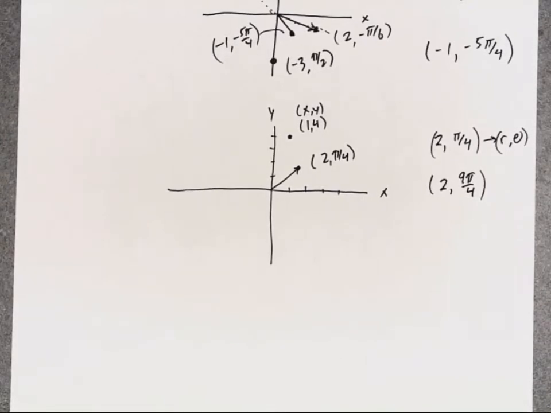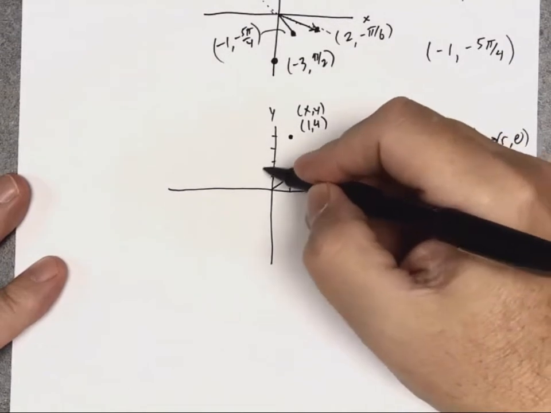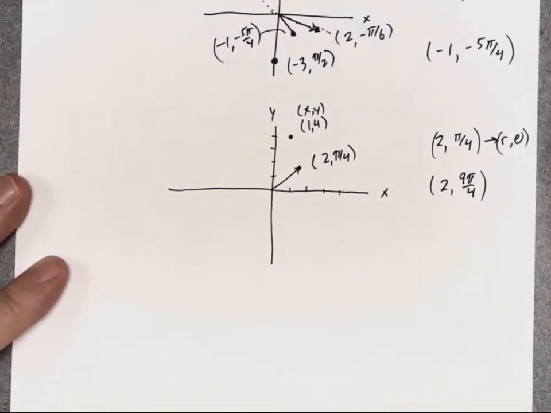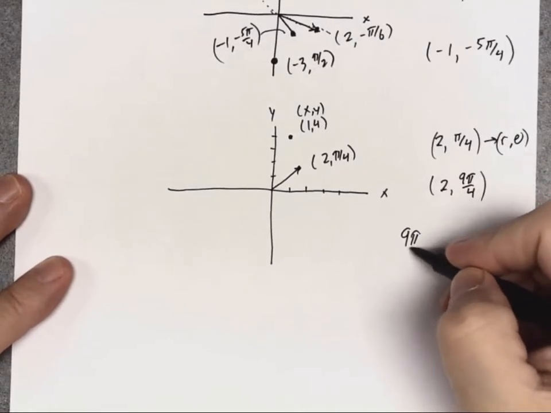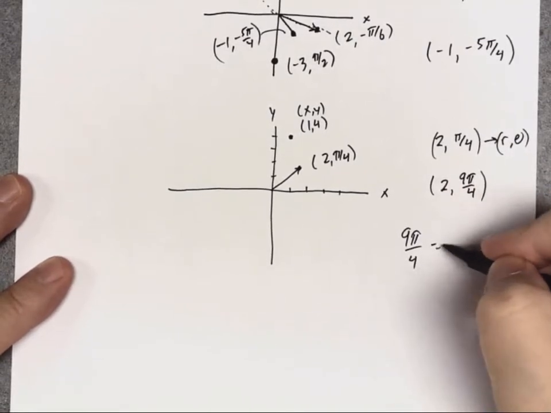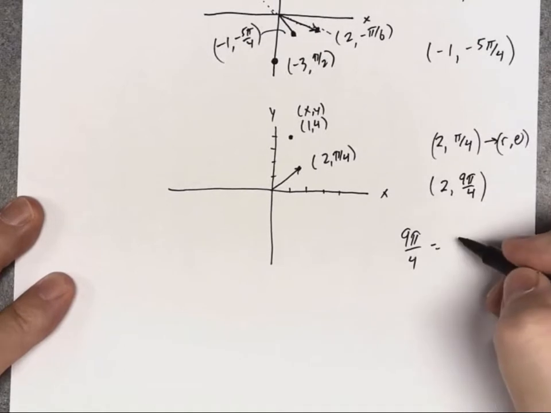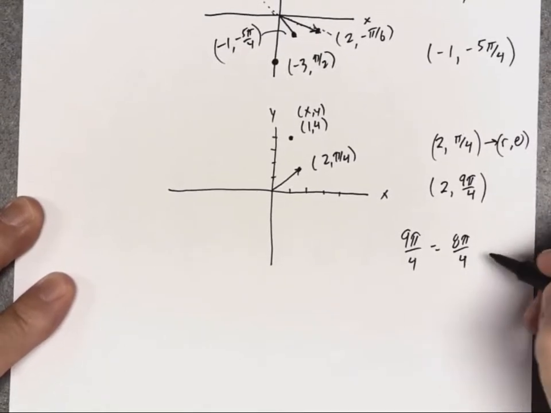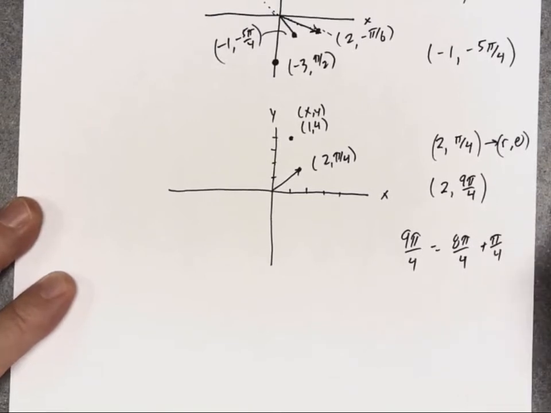Now this is where you've got to remember the unit circle. We know in terms of radians, one trip all the way around the circle is 2 pi. I need to find this angle, and hopefully you can look at this and realize that this angle is actually larger than 2 pi. Matter of fact, if I try and break it up, I can say 8 pi over 4 plus pi over 4.